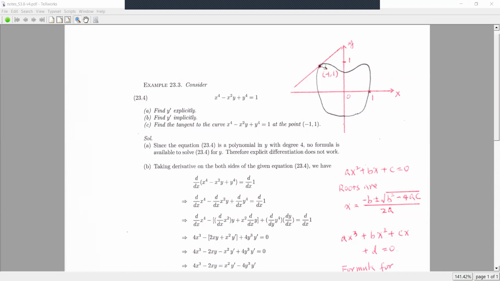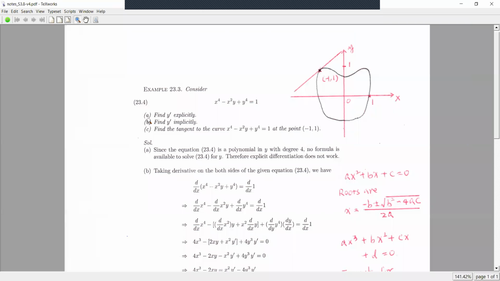For a function y equals f of x, one x value has only one y value. But on this curve, one x value has two y values corresponding to it. Therefore, this curve is not the graph of a function.